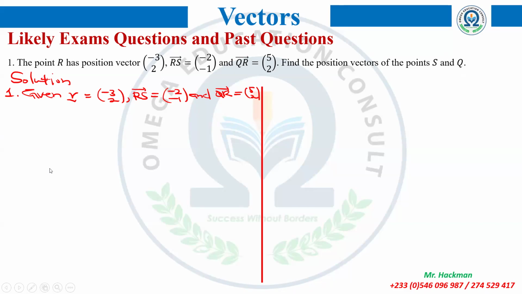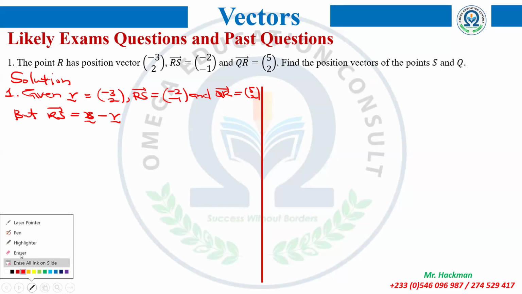So what do we do at this point? You come and write that your vector RS is equal to your vector S tilde minus the vector R tilde. Is that clear? Is my point well made, my professors? Are you following?